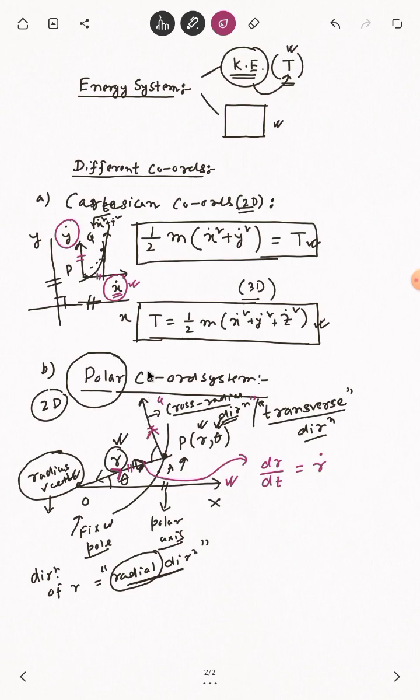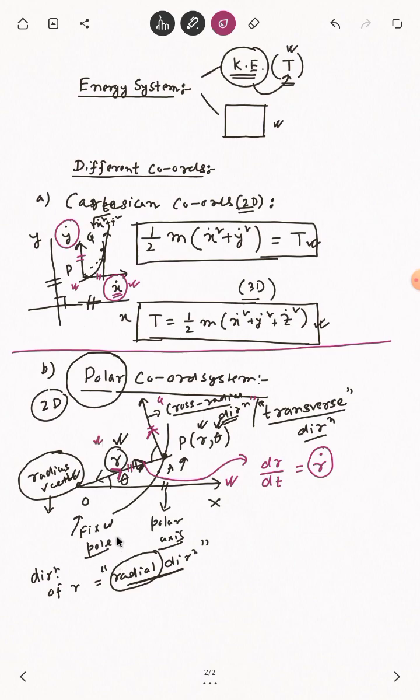From the diagrammatic point of view, this r dot is very similar to x dot. x dot is along the x-axis, this is along the radius or radial axis. So the configuration here and here will be different.